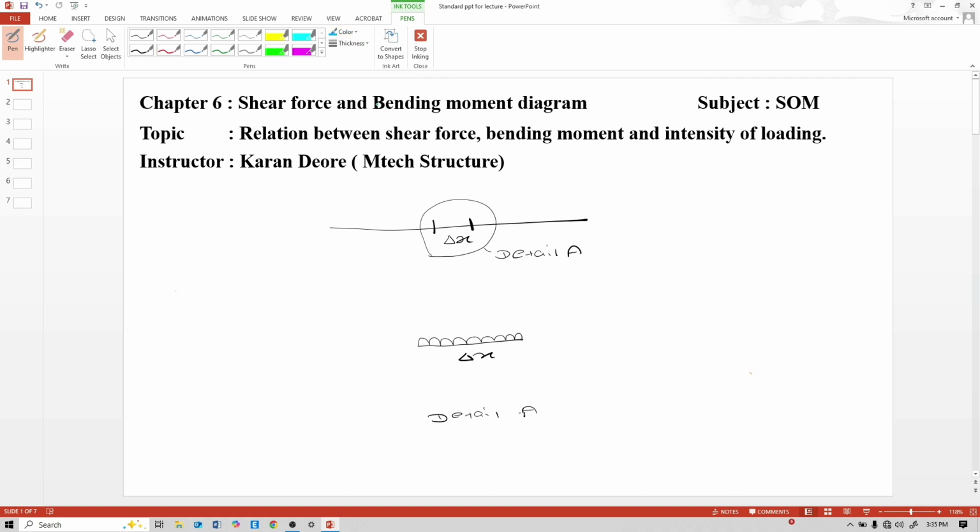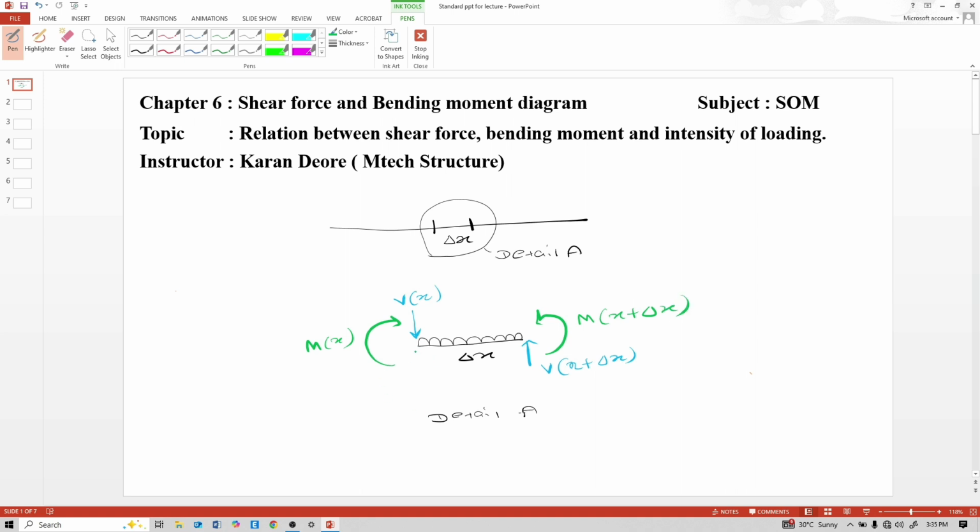See, the shear acting at this part is V of x and the shear acting here is V of x plus delta x, and the moment acting here is M of x and the moment acting here is M of x plus delta x.